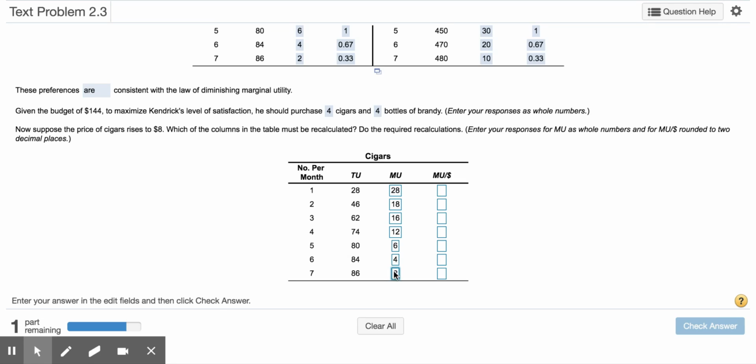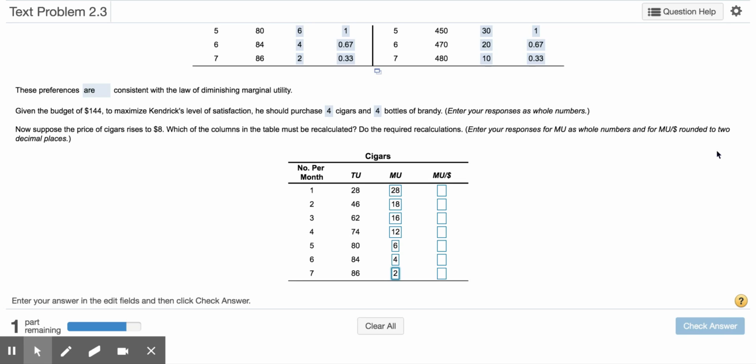And to calculate marginal utility per dollar, we divide marginal utility by the new price. The new price in here is $8, and then we round to 2 decimal places.